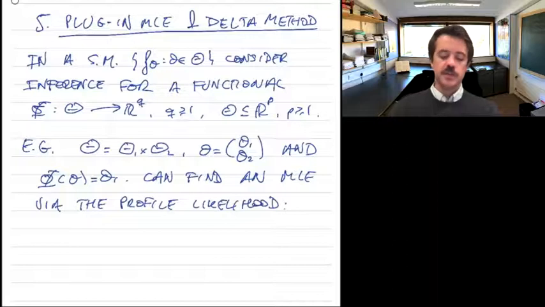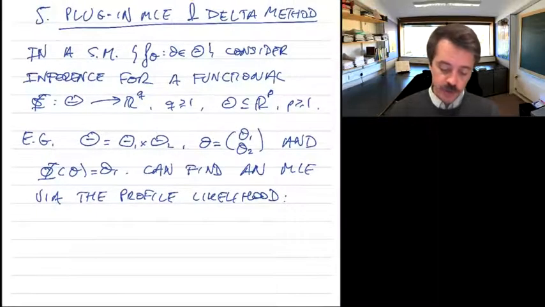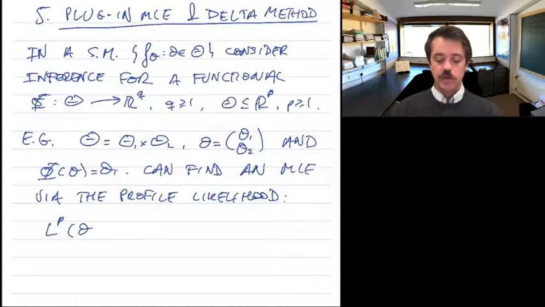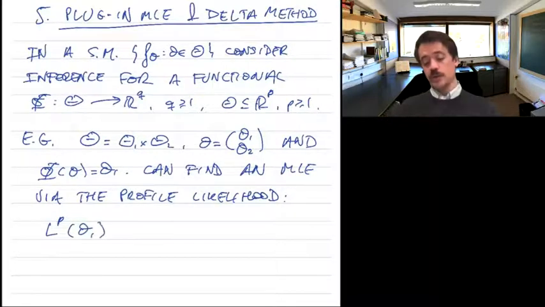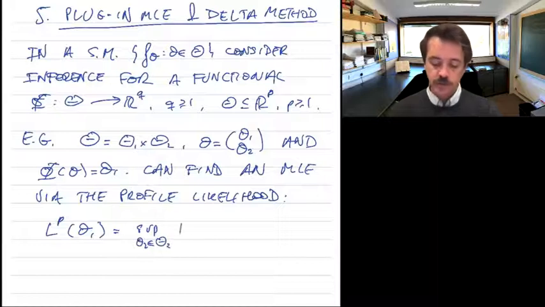What is this? Well, it's a very simple idea. It just means optimizing over theta 2. First of all, let's define this profile likelihood. This is a function of theta 1, and this is going to be the sup over theta 2 of the original likelihood of these guys.